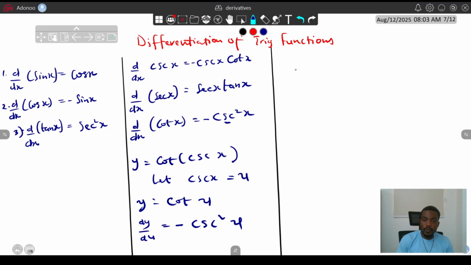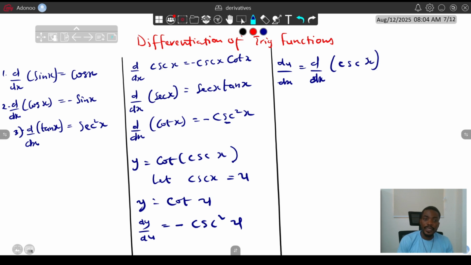So now we need to find du/dx. So du/dx will be equal to d/dx of cosec x.